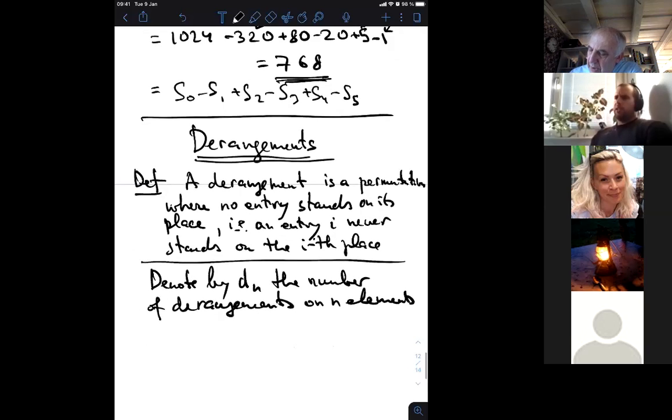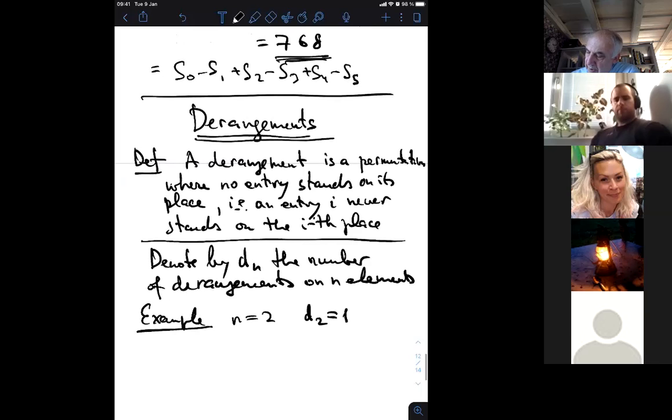Or in other words, how many derangements in the symmetric group of length n we have. Okay, so let's first do some examples, of course. If n equals 2, we have just two permutations, 2, 1 and 1, 2. So D2 would be 1, because 1, 2 is not good, 2, 1 is good. So such a permutation is a good one.